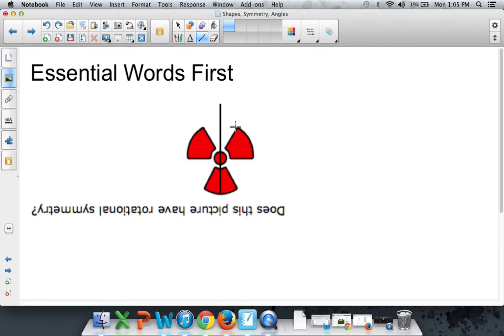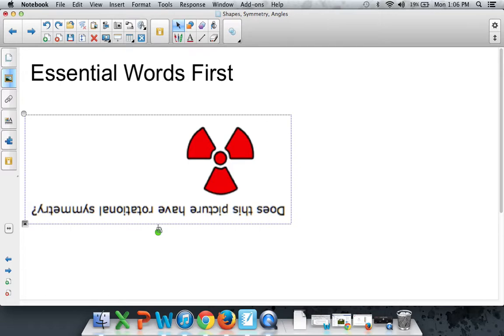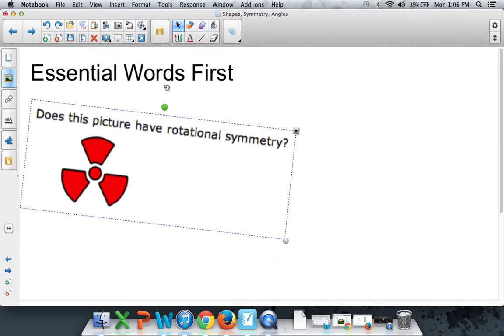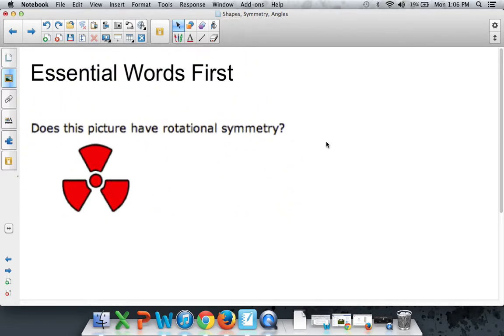And I look at both sides of my line, and are they still mirror images of each other? Check it out. They totally are. Fin, mirror fin. Half circle, mirror half circle. Little part of fin, mirror little part of fin. So yes, even though I rotated it, it still has symmetry. That's rotational symmetry. The answer is yes, indeed, it does.